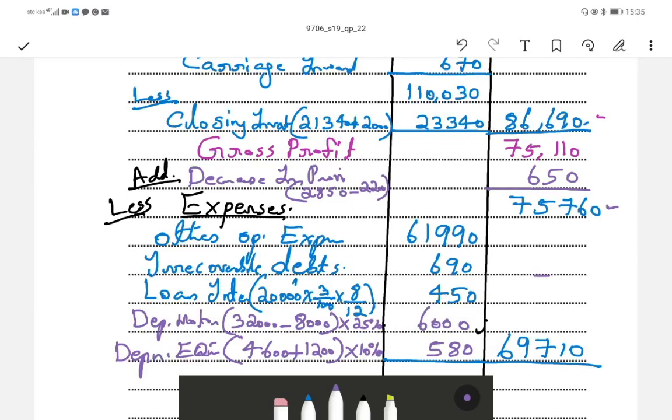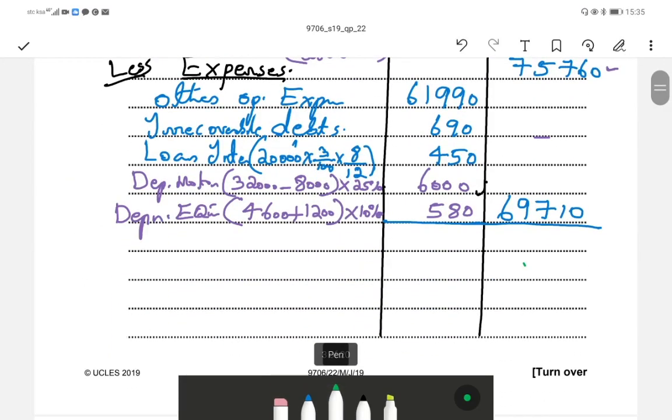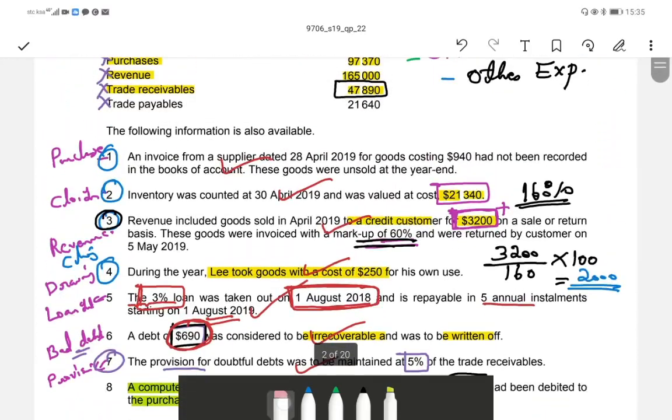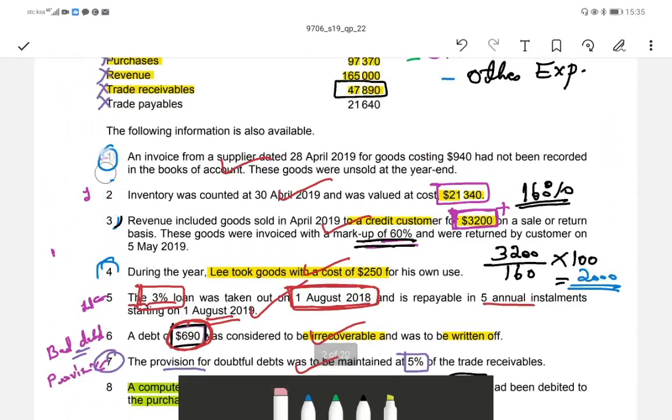How much does it come? 6,050 is our profit. So profit for the year is $6,050. So question part A we are done. Next we have to do the remaining part.